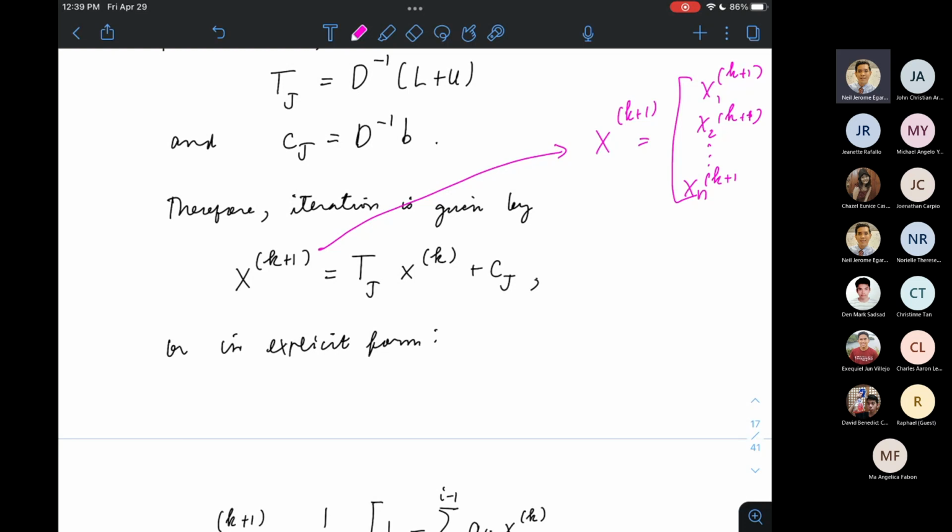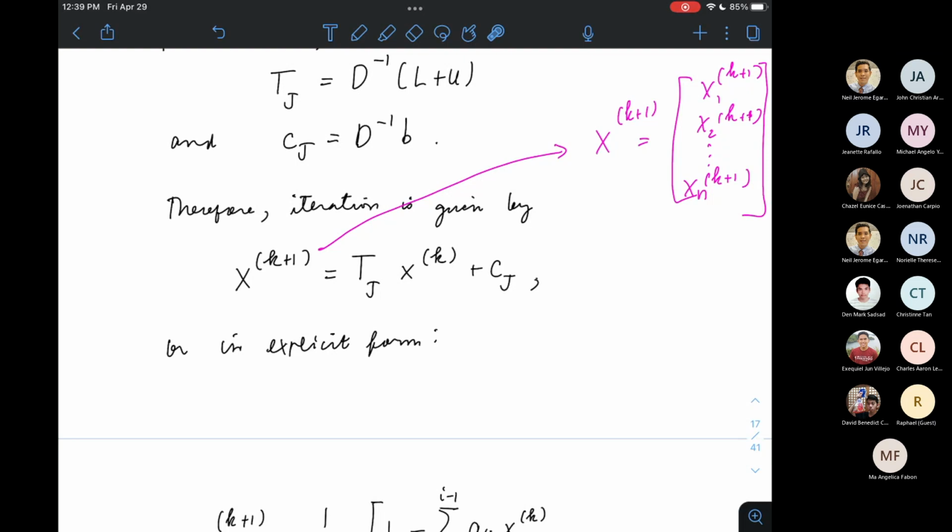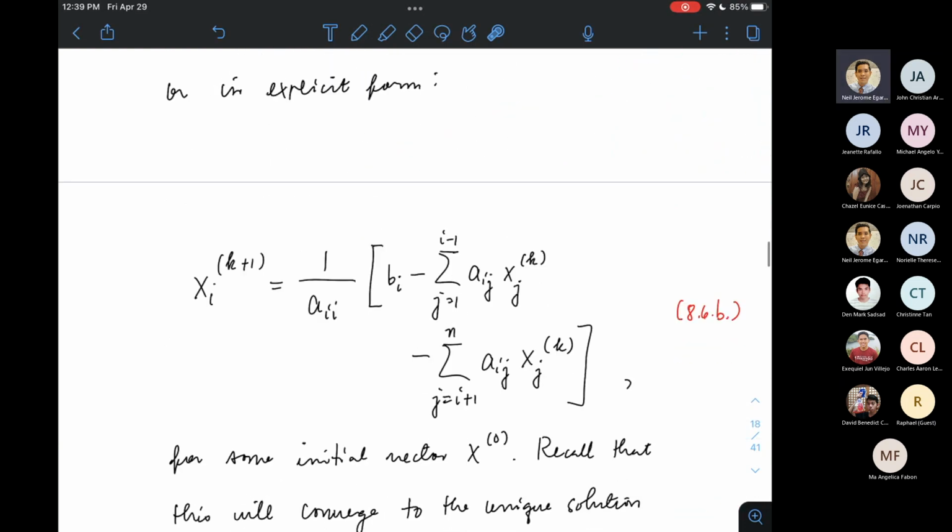Alright? Pagka sinulat mo lahat ng mga bagay-bagay dito, in terms of serialized form, ito dapat yung makukuha mo.